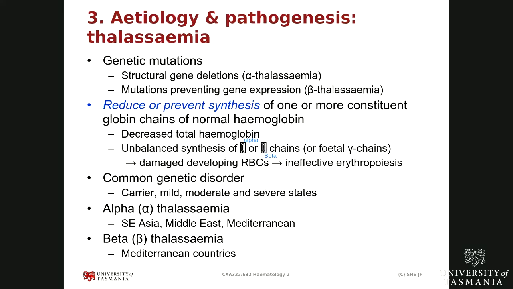Because with reduced or prevented synthesis, one of the genes might be defective, but the other one's okay, and that gene still keeps on producing hemoglobin, although it may not be able to produce quite as much. And those unpaired globin chains, of course, are able to damage the red cells, and so we have fewer cells actually leaving the bone marrow, so we do get an aspect of ineffective erythropoiesis, and so some forms of thalassemia can actually be quite severe.